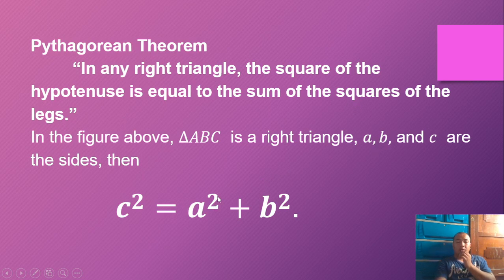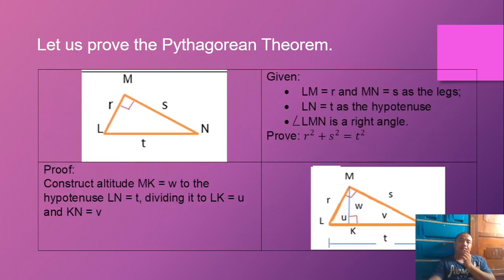Side a and side b are the legs, so we have the sum of the squares, a squared plus b squared, is equal to c squared. Algebraically, this is what we call the Pythagorean theorem, a very useful theorem in the whole of mathematics. This was discovered by the Greek mathematician whose name was Pythagoras.